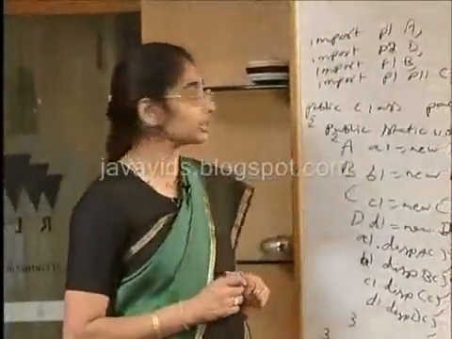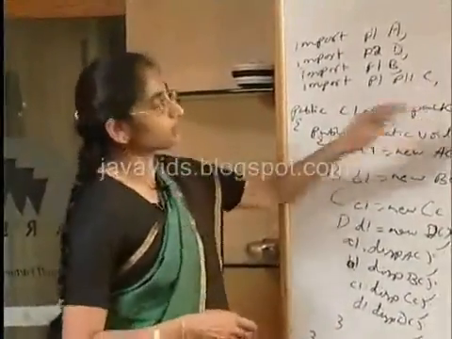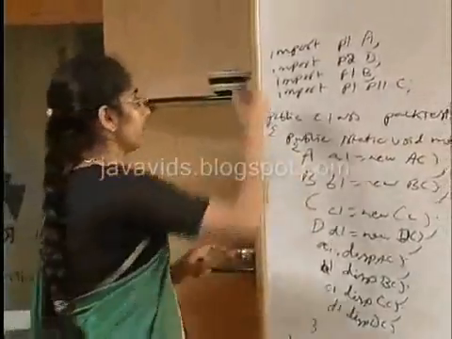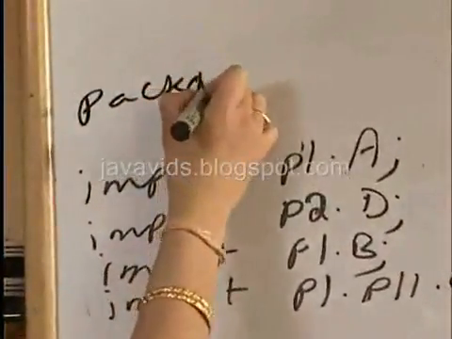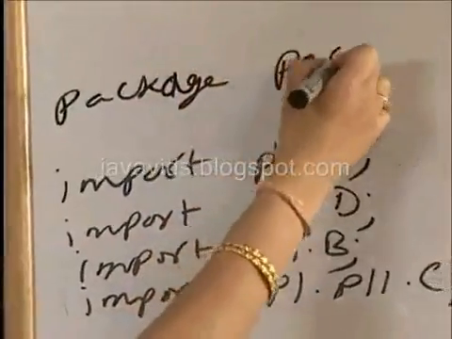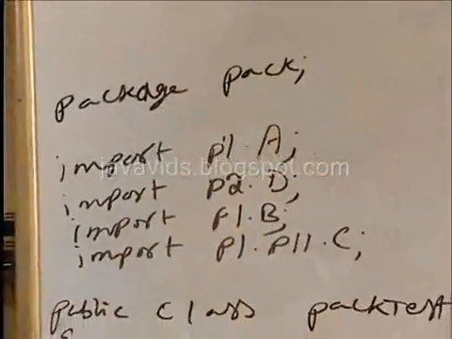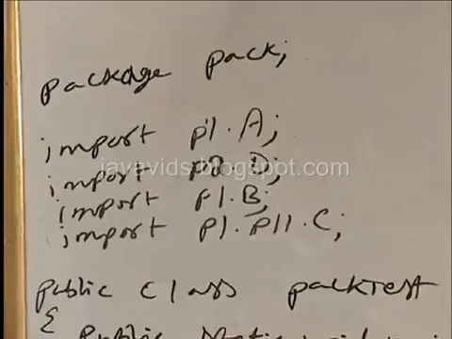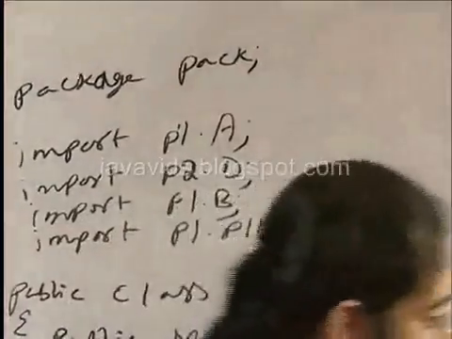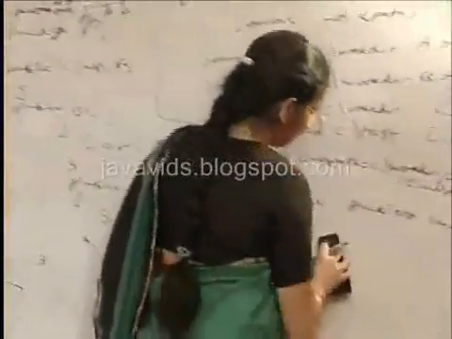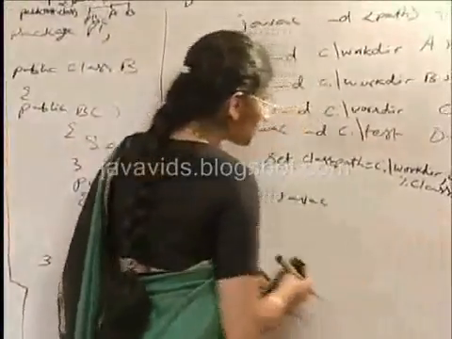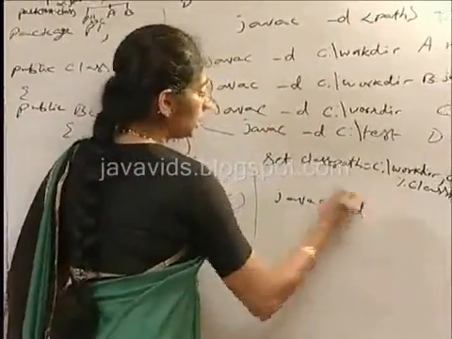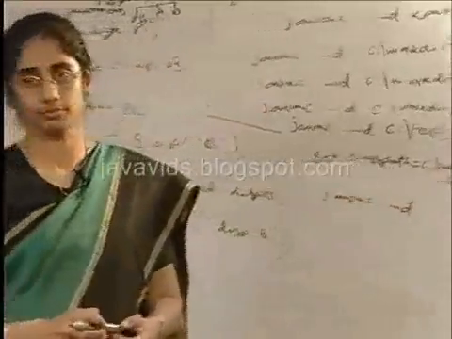Now let's add on one more portion to this. Let's place this packtest itself in a package as well. So in that case you'll say package, let's call it pack. Now before executing this program, because now this packtest belongs to a package, you need to compile this program as well with the -d option.